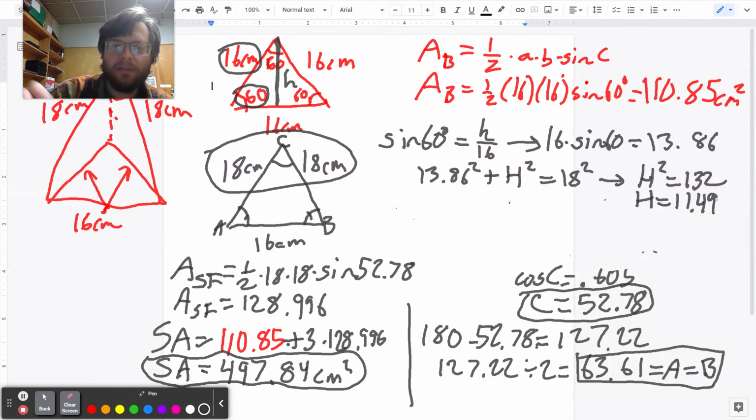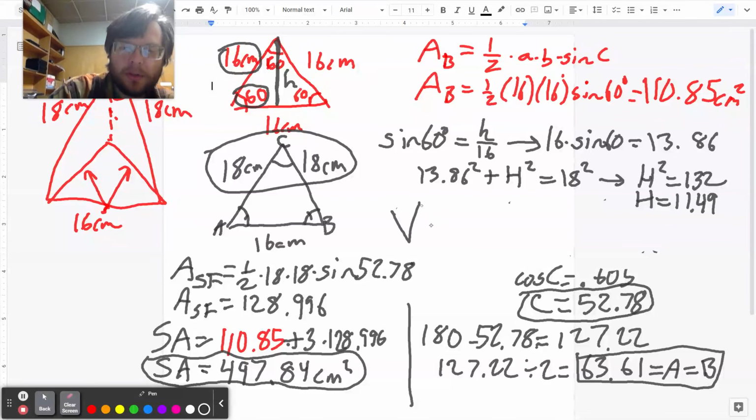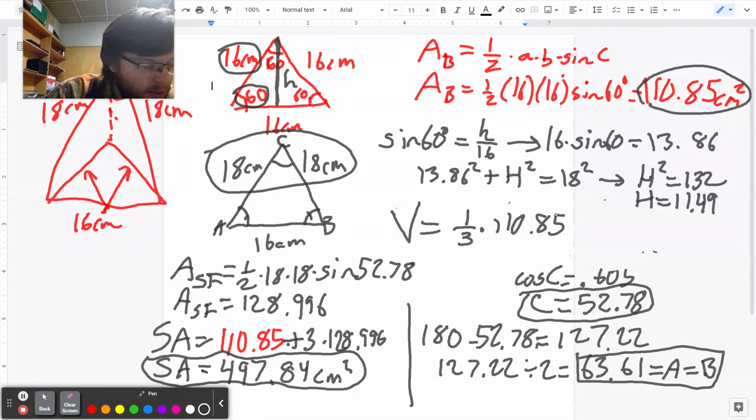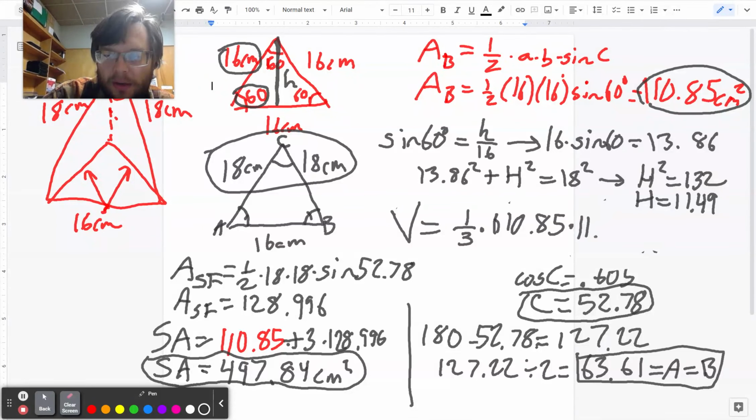So then, where am I at? I want to find the volume of the whole shape. So the volume of the whole shape is going to be 1/3 times the area of the base times the true height.